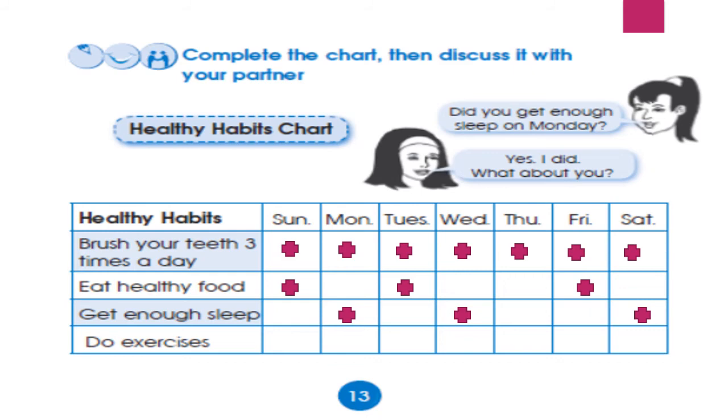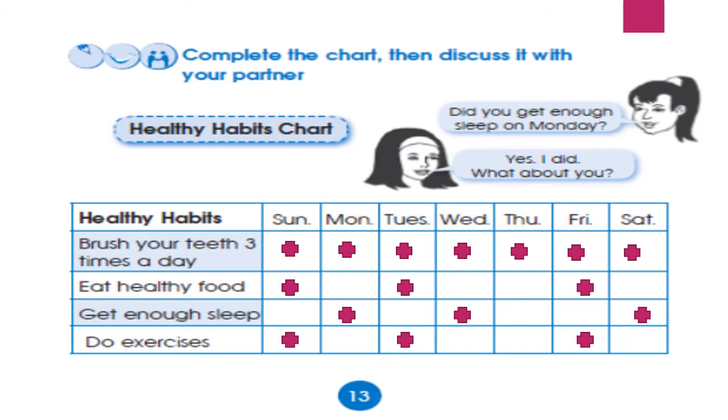The last healthy habit is do exercise. I must do exercise to keep fit, to be strong. Okay? I do exercises 3 days a week, on Sunday, on Tuesday, and on Friday.